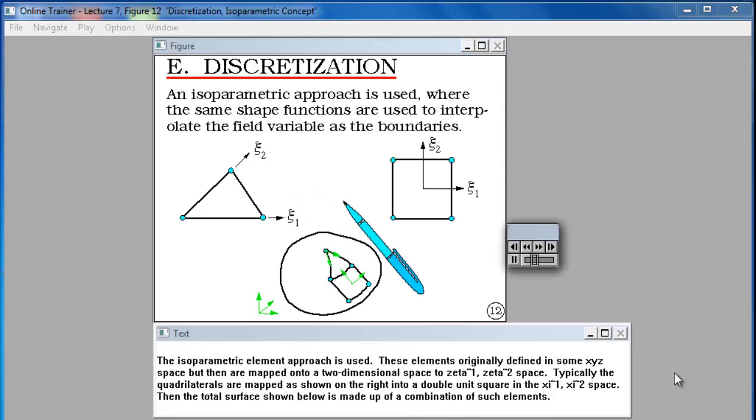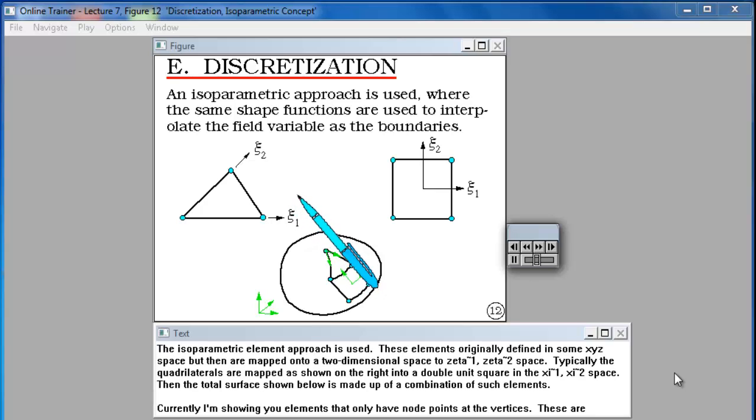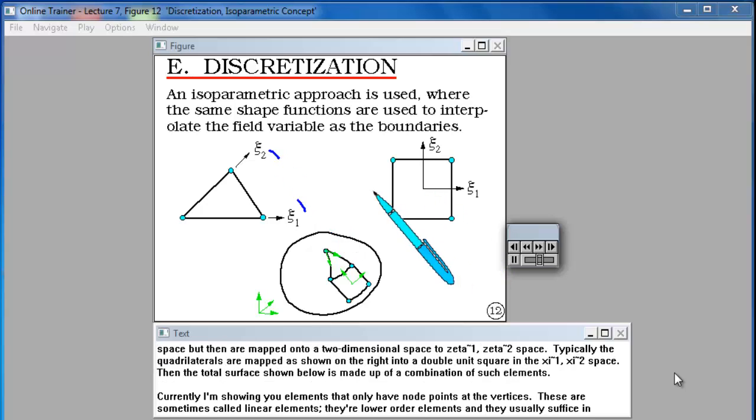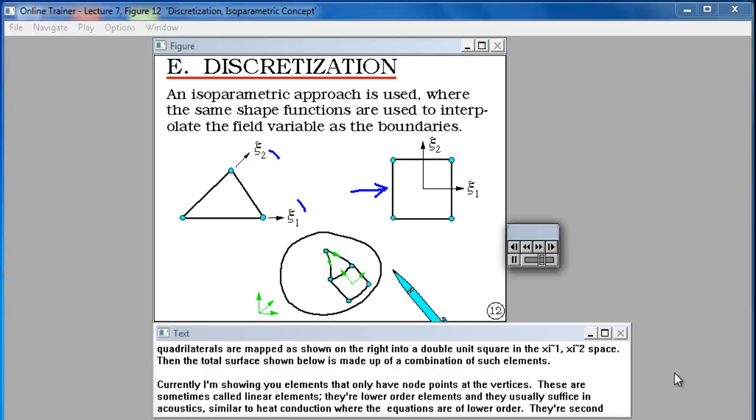These elements are originally defined in some XYZ space, but then are mapped onto a two-dimensional space as zeta 1, zeta 2 space. Typically the quadrilaterals are mapped as shown on the right into a double unit square in the zeta 1, zeta 2 space. Then the total surface shown below is made up of a combination of such elements.